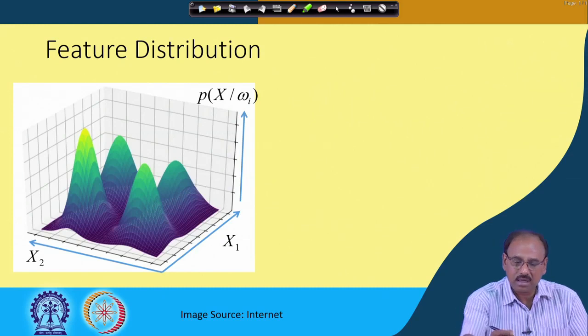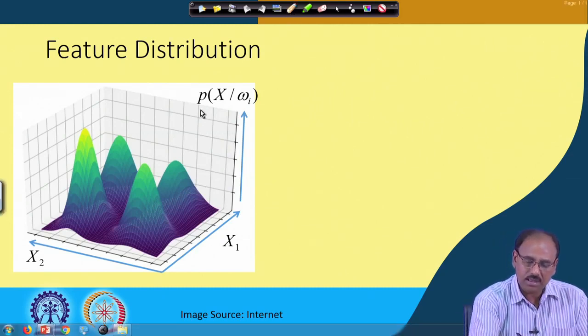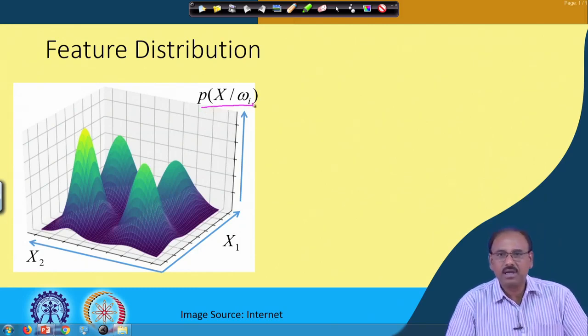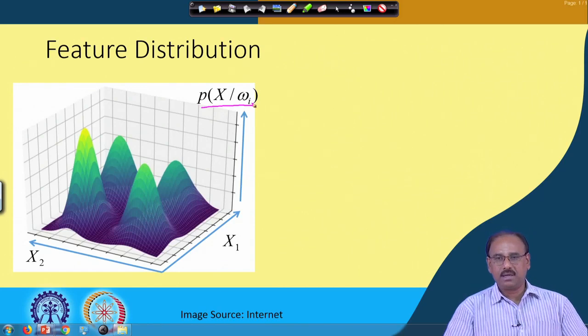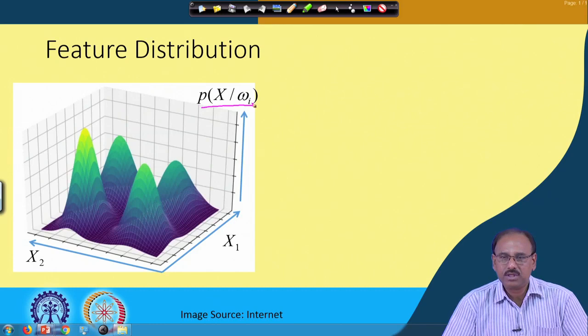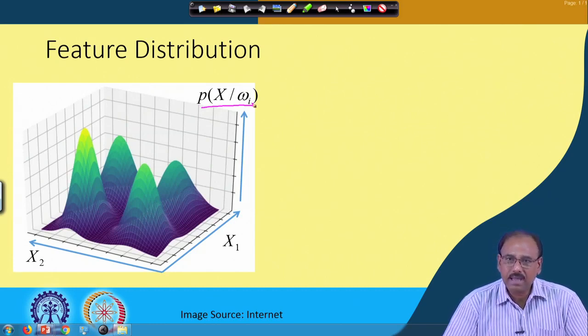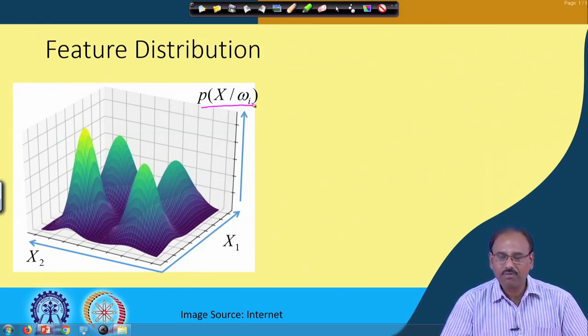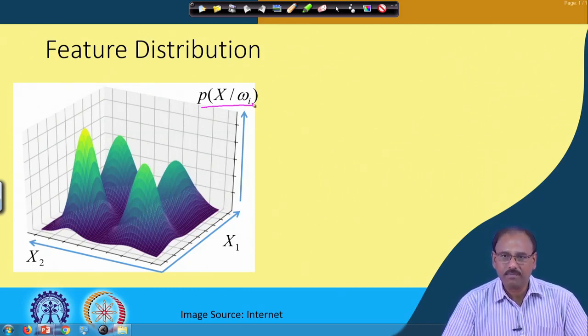So, this tells us the class conditional probability density function, or P of x given omega i, where omega i is the class and x is the feature vector that we have computed. Experimentally, by collecting a large number of objects from different classes, I compute this P of x given omega i. At the same time, I also have an a priori probability, that is, the probability of occurrence of class omega i, P of omega i.